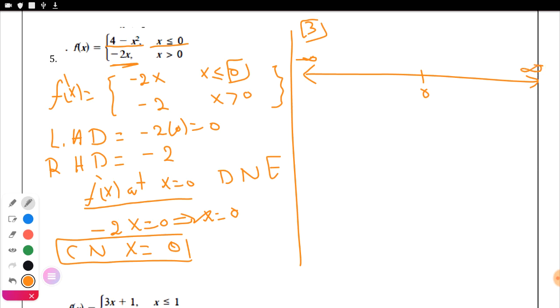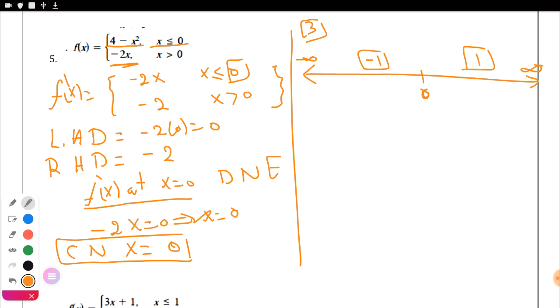We have two intervals. Then I replace in the derivative. For all values of x less than 0, I replace in which rule, the first rule or the second rule? In the first rule. Before we replace, I use a test value. I choose here negative 1, and then I choose here 1.